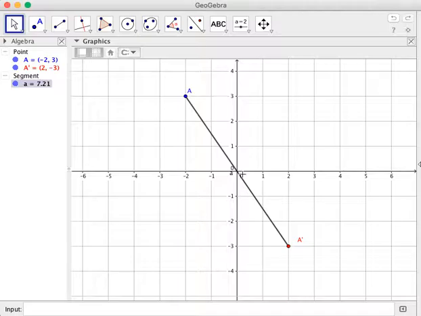So same distance, magkatapat. Yung A natin, negative 2 yung x natin, tapos yung A' natin, 2. Yung 3 naging negative 3. So opposite pareho, pinapalitan natin ang sign yung x tsaka yung y.